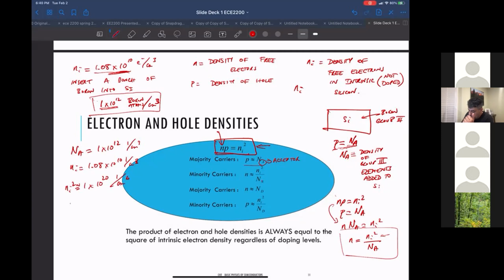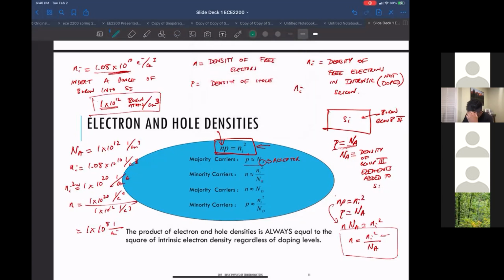So n ends up being 1 times 10 to the 20 over 1 times 10 to the 12th, which is 1 times 10 to the 8th per centimeter cubed. Now notice this really lopsided density.